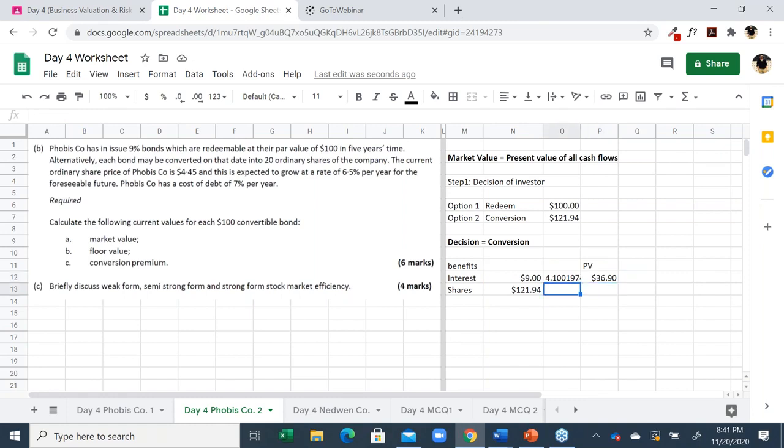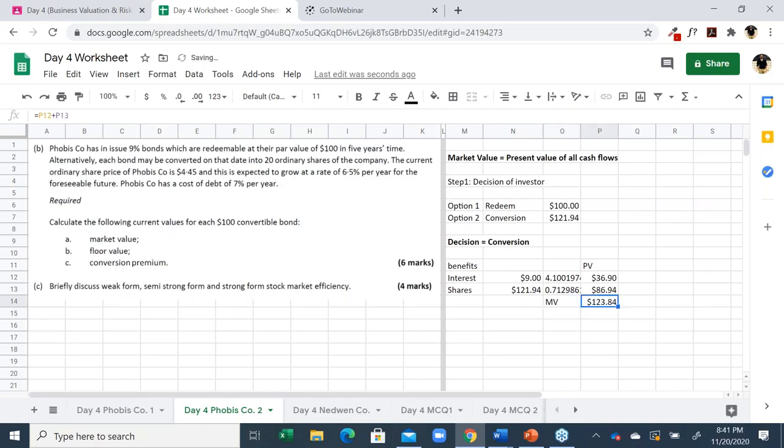And for this 121.94 we need the discount factor, 1.07 raised to the power minus 5. And let's add these two. That's the present value, or you can call it the market value.